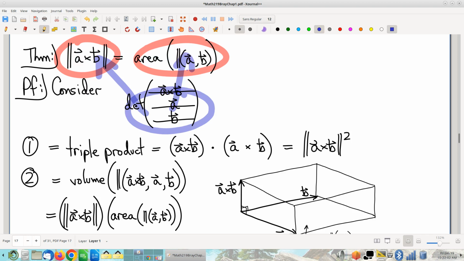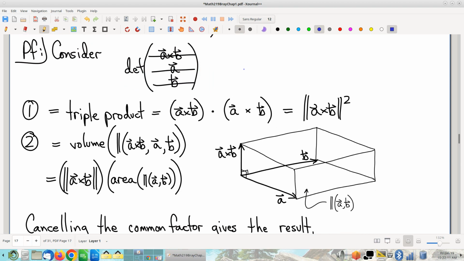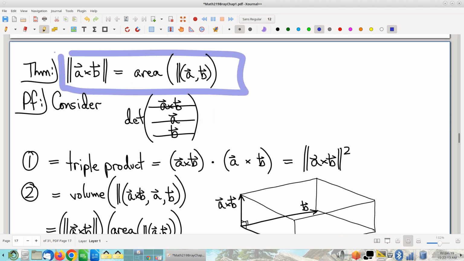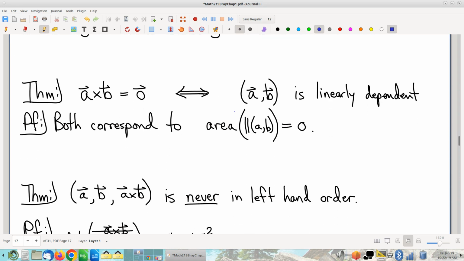So, pretty weird proof, very creative, very clever proof, right? And anyway, I hope you'll take a look at it. It is very clever. But the most important thing here is make sure you know this result right there.